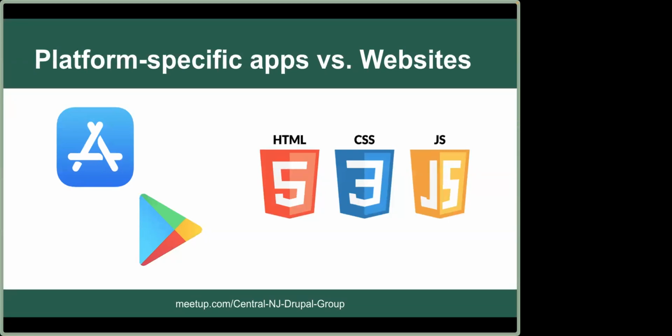All right, so platform specific apps, as I said, so you can see here the App Store icon for iOS and the Google Play icon for Android versus websites, right? So Apple and Google both have software development kits, SDKs, which define how you build an application for those specific targets. Basically in iOS land, you're using Swift these days, and in Android land, you're using Kotlin.